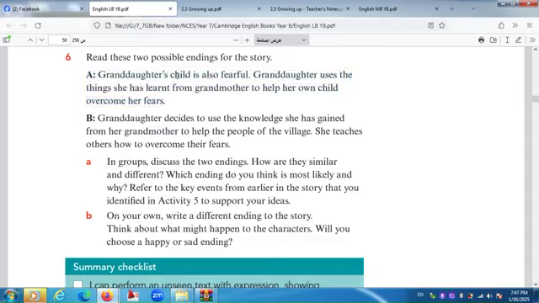The granddaughter will help her own child, or the granddaughter will help other children. Discuss the two endings and tell me which one you like or which one is most likely to happen. Remember, our story is talking about familial bonds, the song passed from generation to generation, and how the character changed from weak into strong.